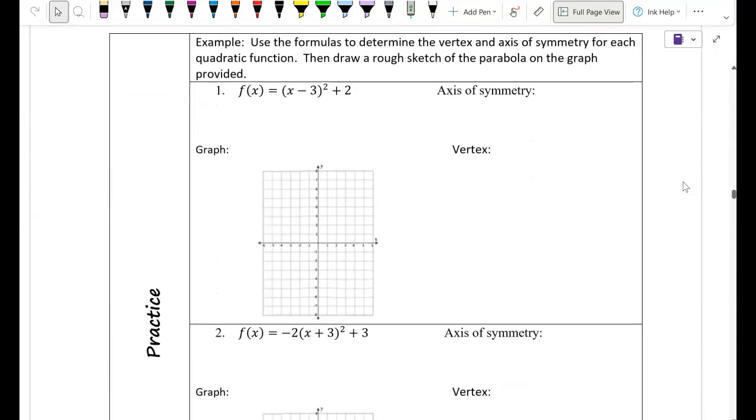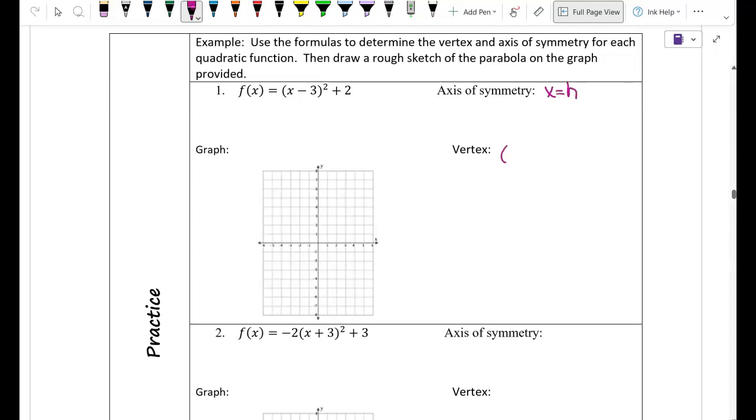So use the formulas to determine the vertex and axis of symmetry for each quadratic function. Then draw a rough sketch of the parabola on the graph provided. So again, remembering that for my axis of symmetry, I'm looking for x equals h.